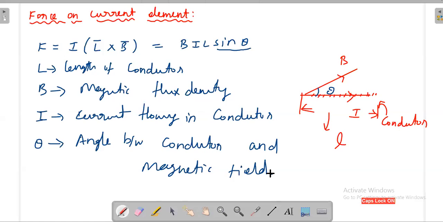Now what I'm going to do is prove that case 1 and case 2 are the same. This is case 2, force on a current element. Previously we have seen force due to a charge moving with velocity v. Once the charge moves with velocity v, it will produce a current. Now we are having a current element. I'll try to prove both are the same. So make a note of that.